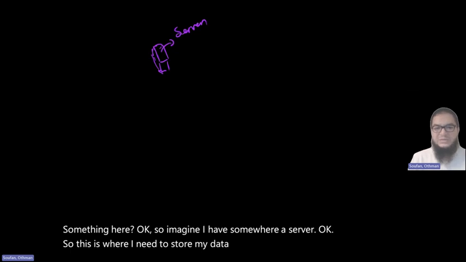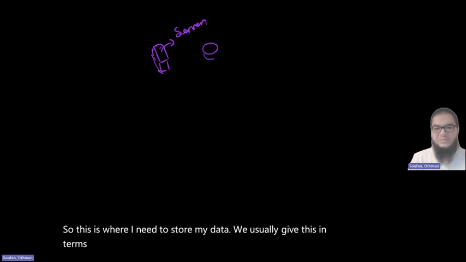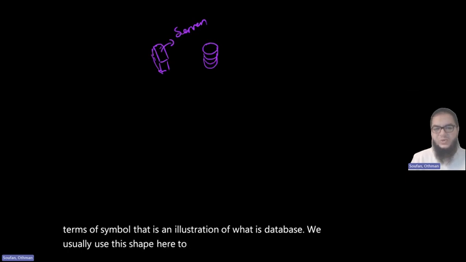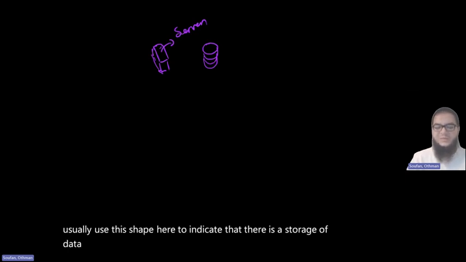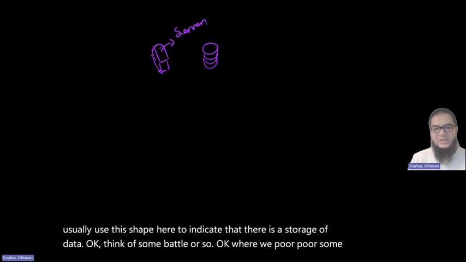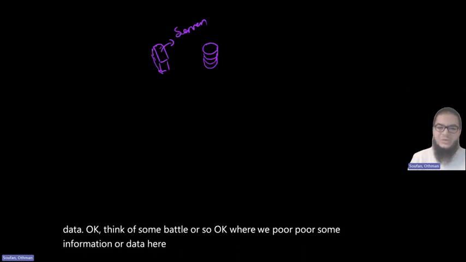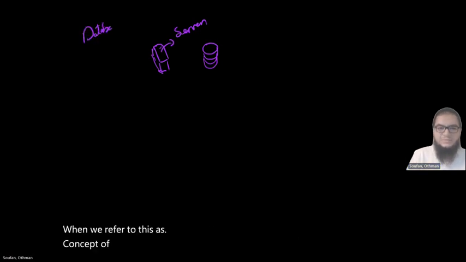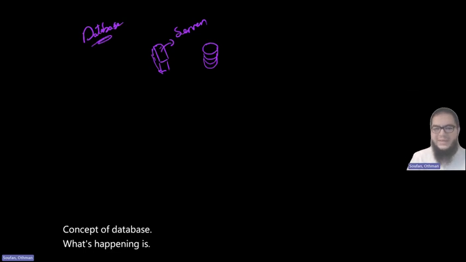We usually use this symbol as an illustration of what a database is. We usually use this shape to indicate that there is a storage of data. Think of some barrel where we pour some information or data. So with a server or database, when we refer to this concept of database, what's happening is we get data.